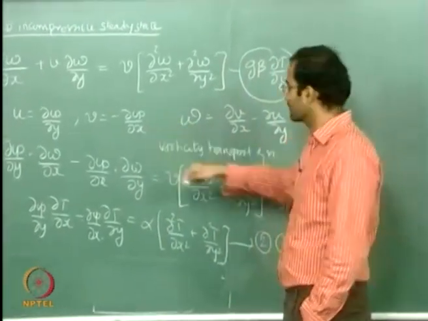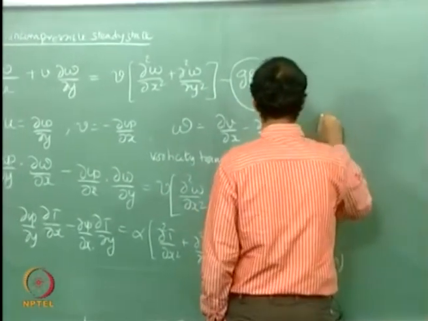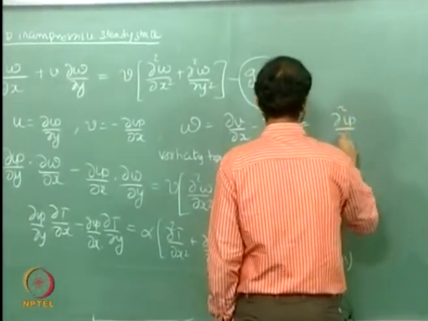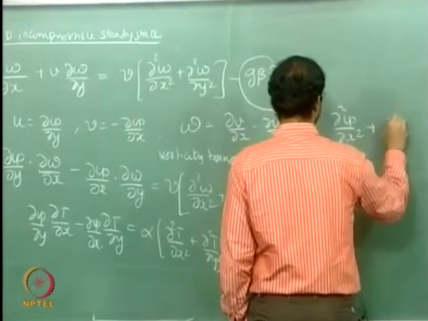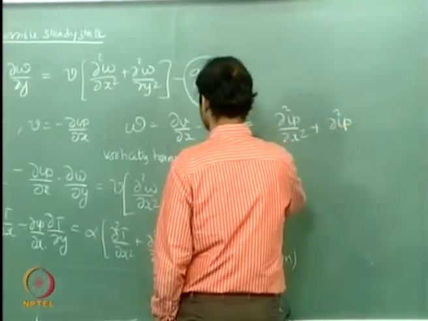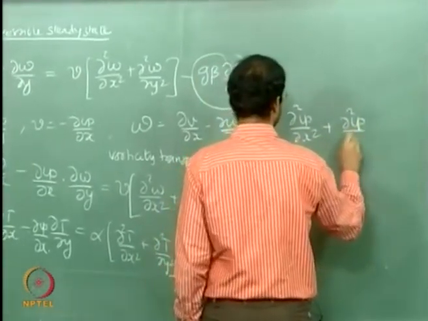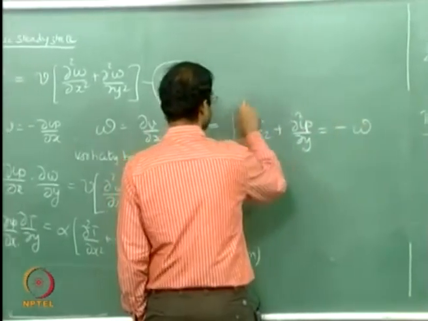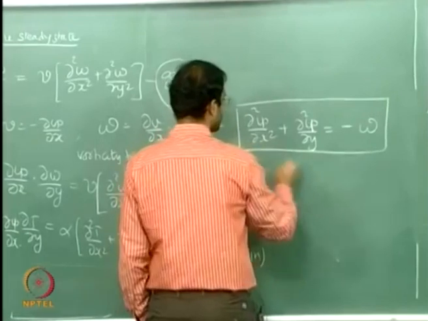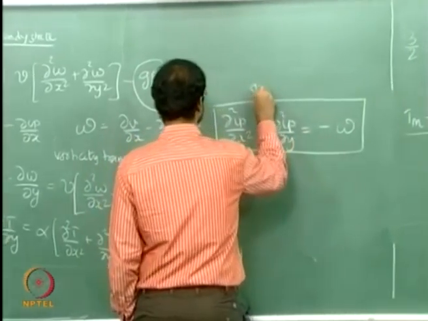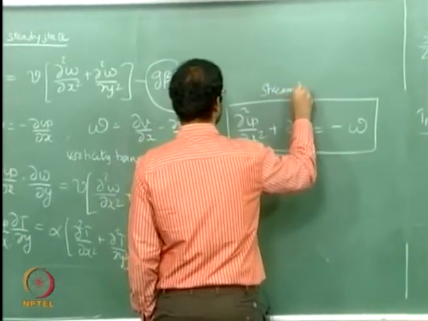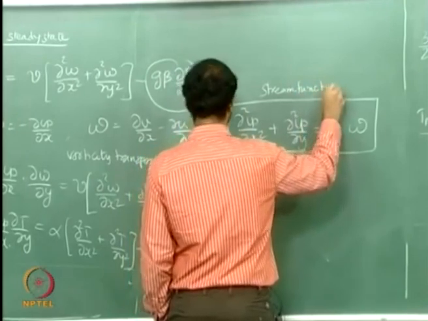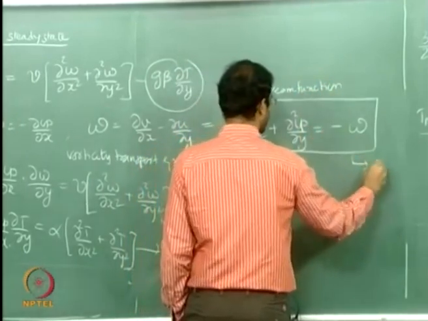Therefore this becomes d square psi by dx square plus d square psi by dy square, for u it will be d psi by dy. So this is equal to minus omega. So this is my third equation for stream function. I call this equation number 3.